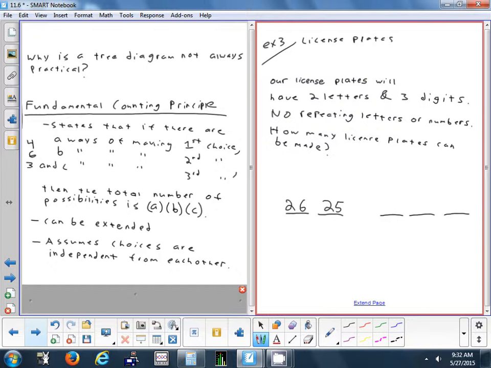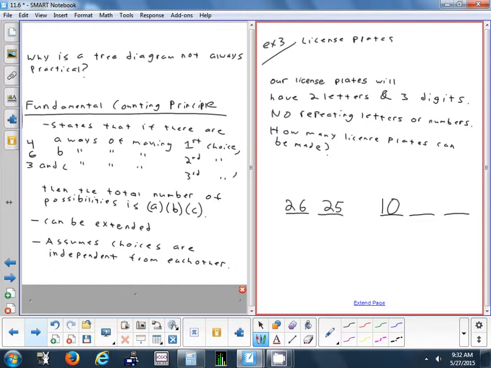And now the next 3 are going to be digits. How many choices do we have for the first digit? I'm a math guy, I know this one. 10. Okay, 10 digits, 0 through 9. It's assuming you can use zeros. Maybe on a license plate they might not use 0, because it might look like an O. If there are other restrictions like that, we're not going to worry about that.